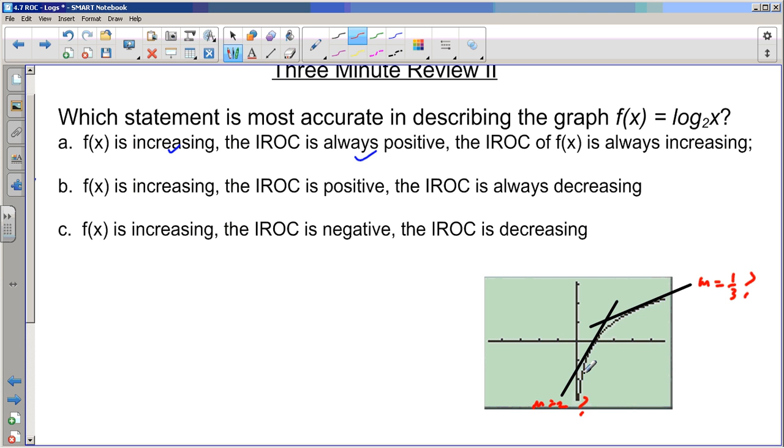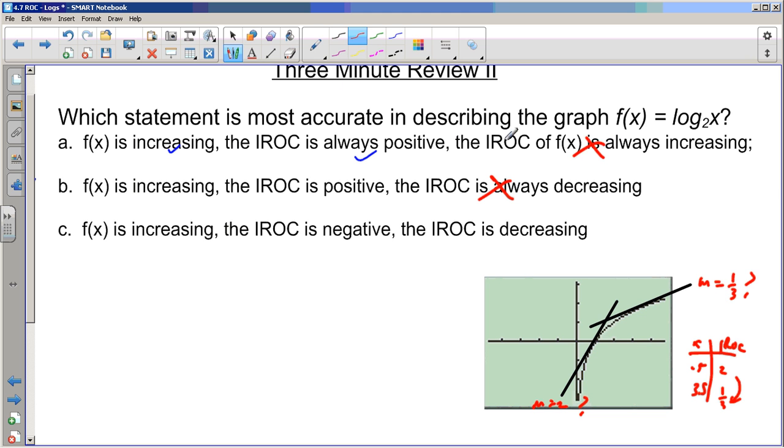But that means the IROC went from being 2 to 1/3. It went down.